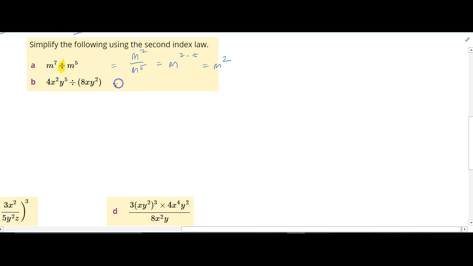Okay, now this second one here is in brackets because it's actually showing you, this may be a little bit confusing, but what it's showing you is that all this first term here is divided by all this second term.